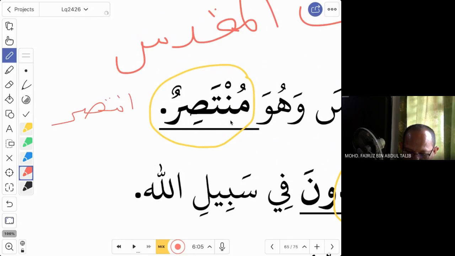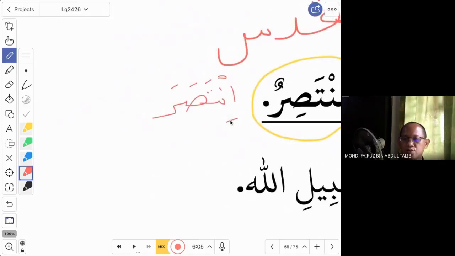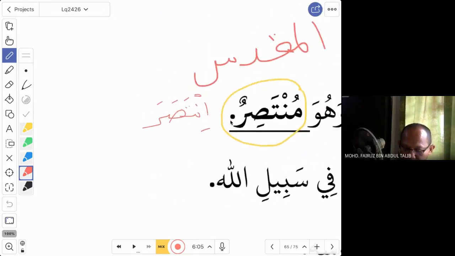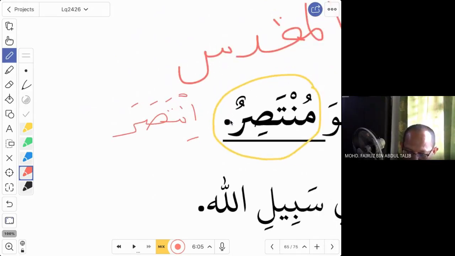Anyone remember what this fi'il is? We have learned this word, intasara. Won, to win. So muntasir is the person who won, victorious. So how do you form muntasir? How do you form isim fa'il from intasara?